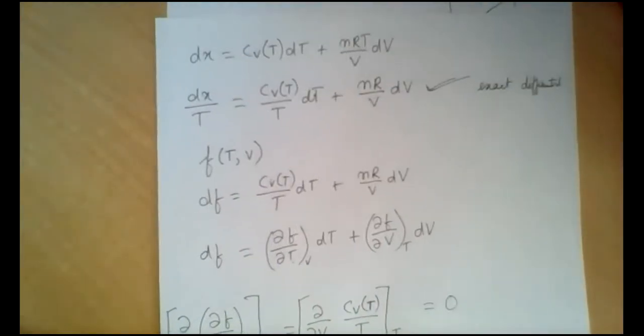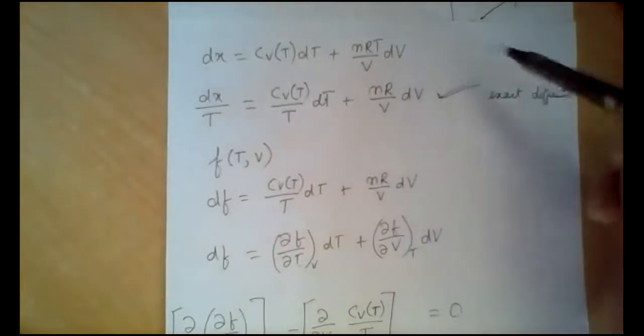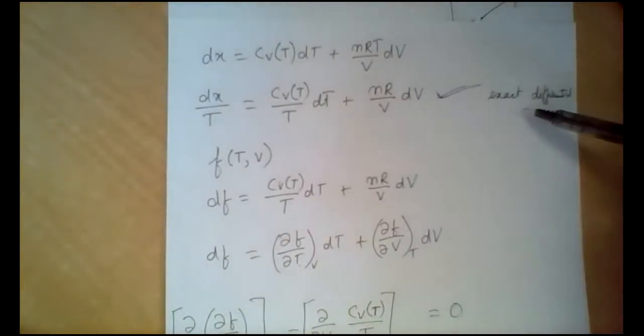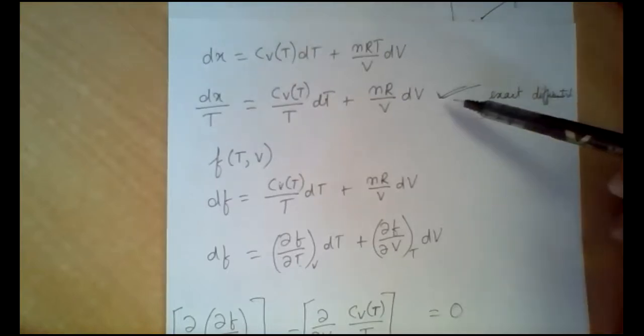An inexact differential can be made an exact differential by multiplying by a factor. That multiplication factor is called the integrating factor.